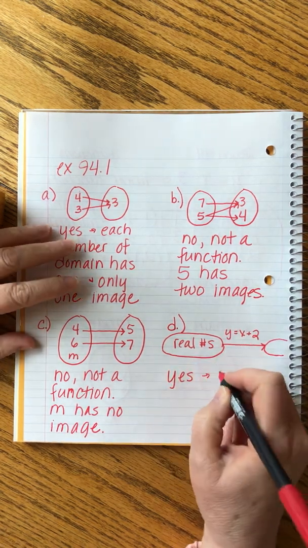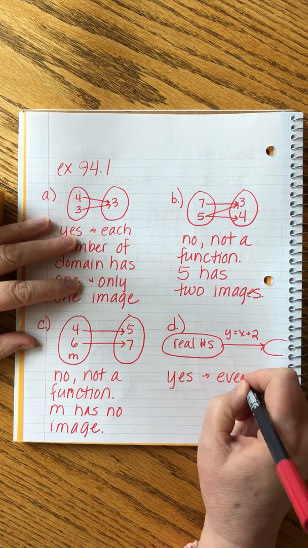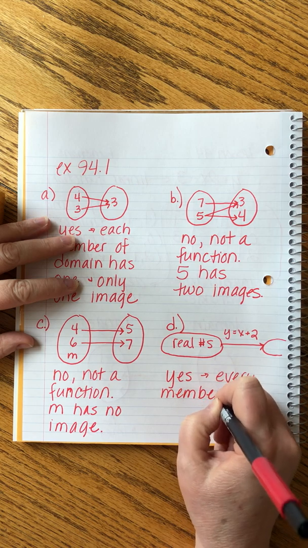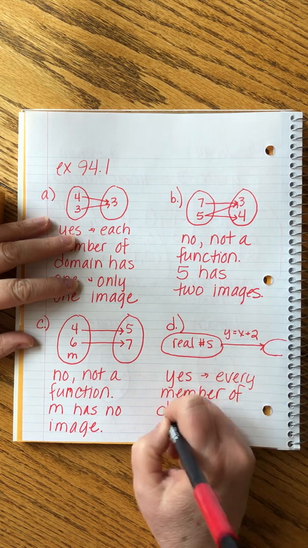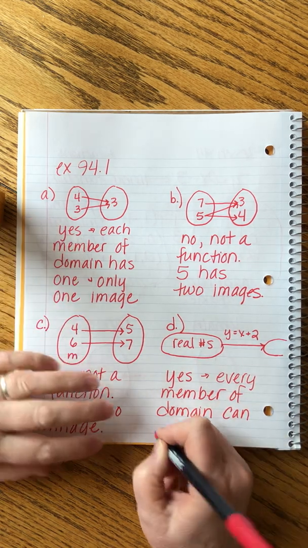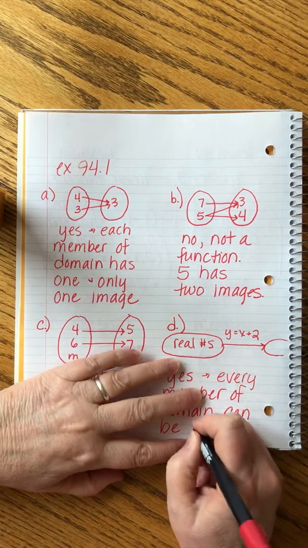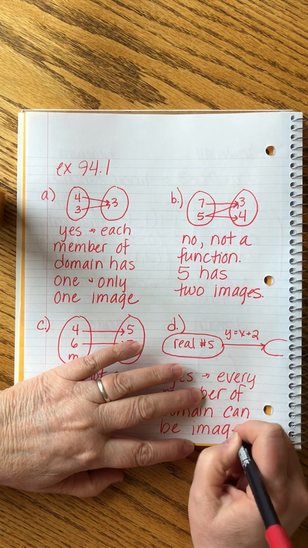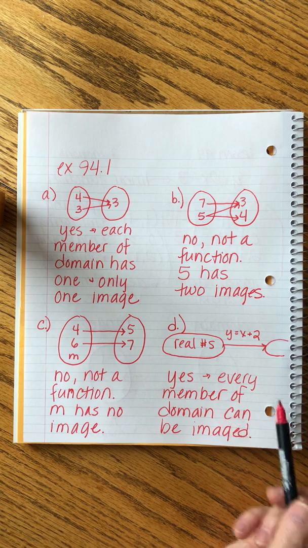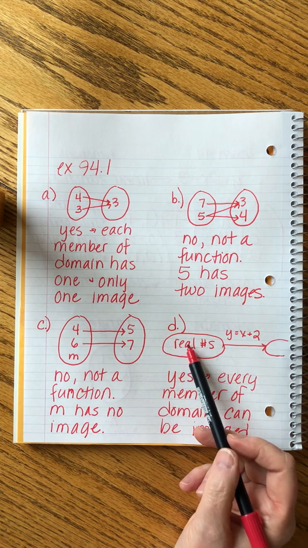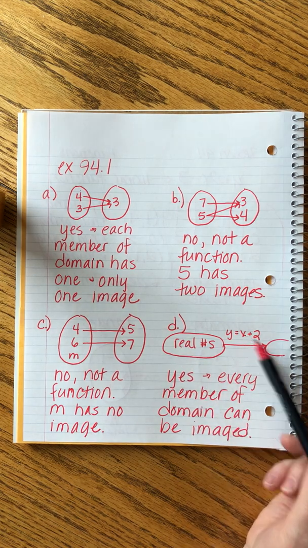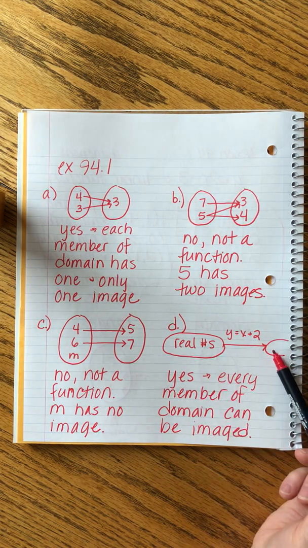Because we can create an image for every member in the domain. This is just a general category, but give us any real numbers and we could run them through this and give you an image for it, couldn't we?